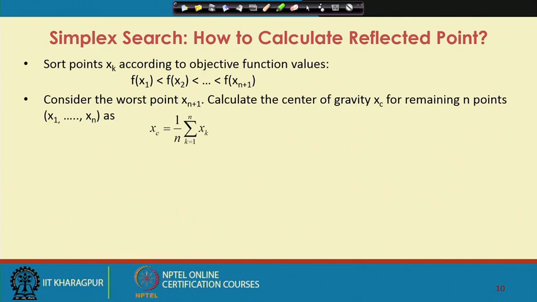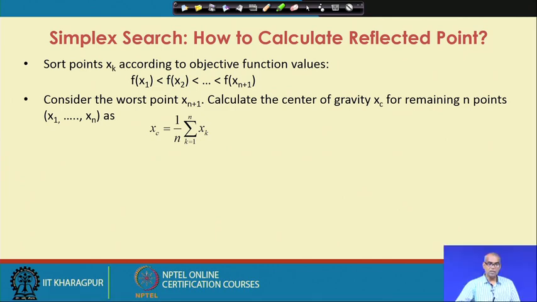So, if I sort such that f of x 1 is less than f of x 2 and f of x n plus 1 is the highest value. So, the worst point is x n plus 1. Now, calculate the center of gravity for remaining n points as 1 by n sigma k equal to 1 to n x k. That means, you sum all the remaining points and divide by n. So, that gives you the center of gravity.